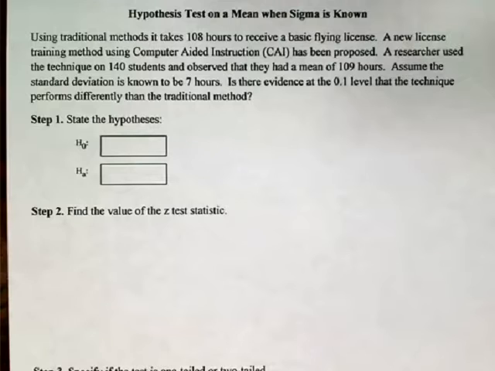So here's a first example. A test on mu, the population mean, when sigma is known, that is, when the population standard deviation is known. In this example, using traditional methods, it takes 108 hours to receive a basic flying license.